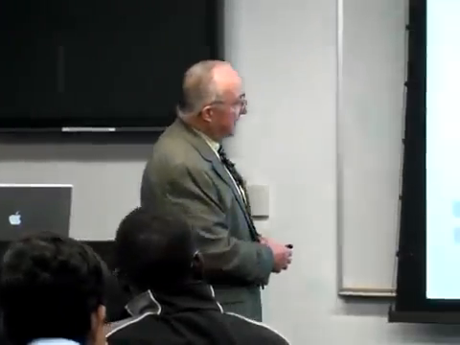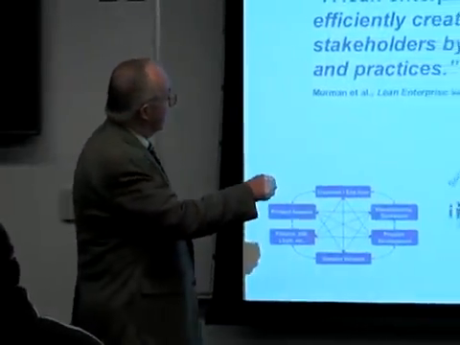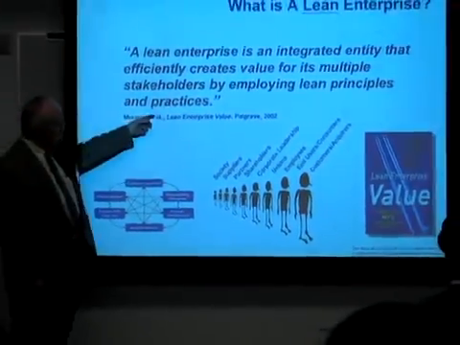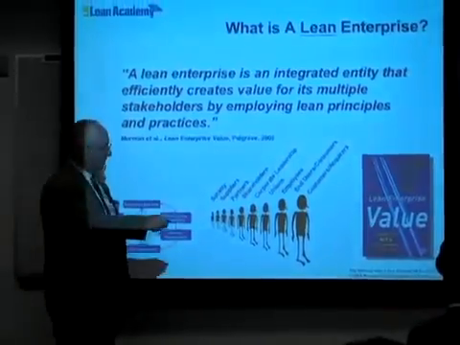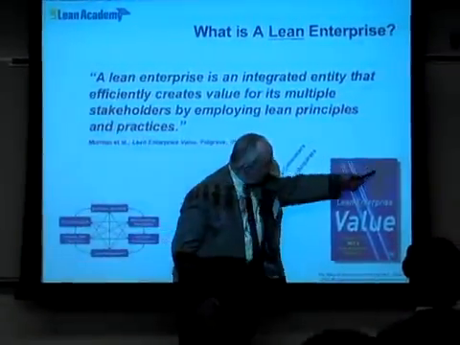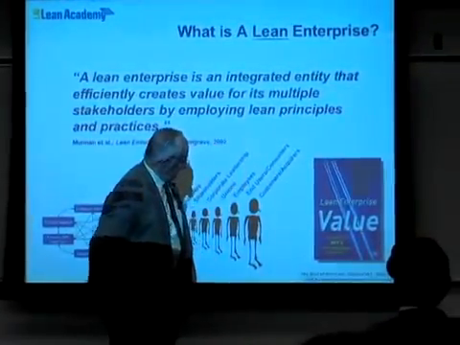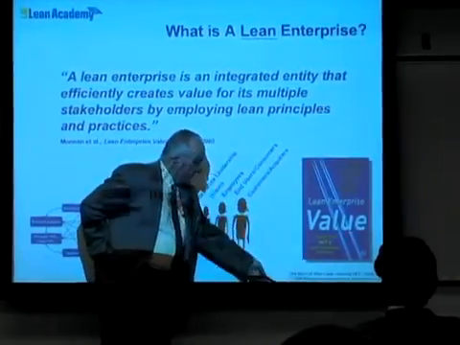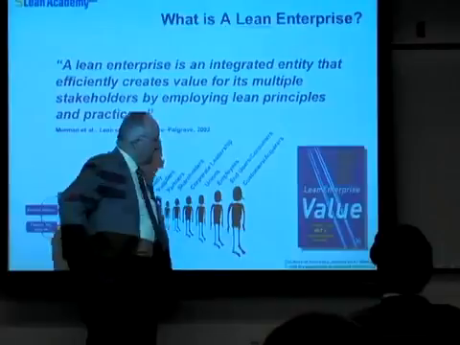So what is a lean enterprise? A good definition, and in fact he just came back in the room, Professor Murman pulled together a bunch of professors here from MIT about 5 or 6 years ago and wrote this book, Lean Enterprise Value: Insights from MIT's Lean Aerospace Initiative.